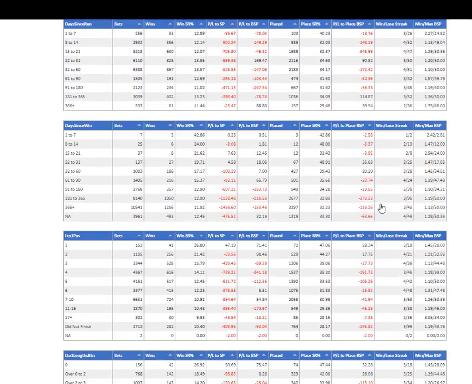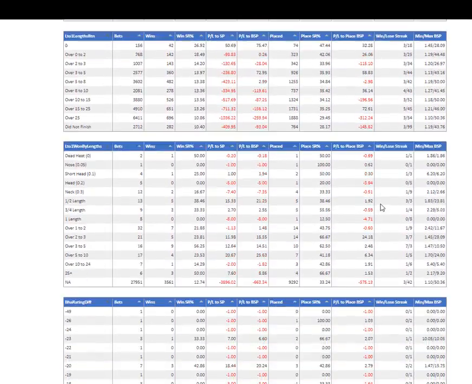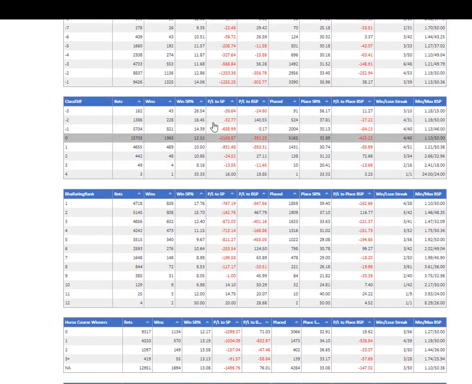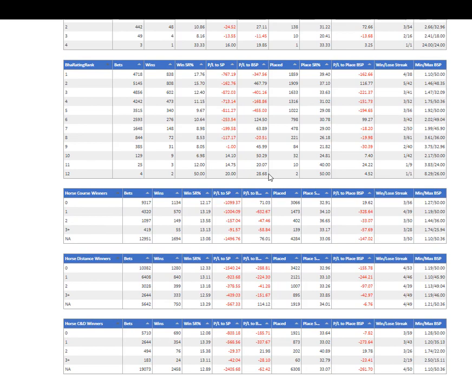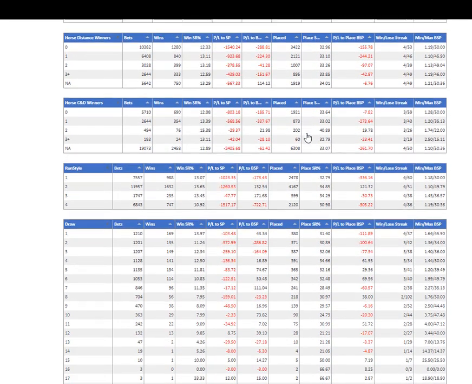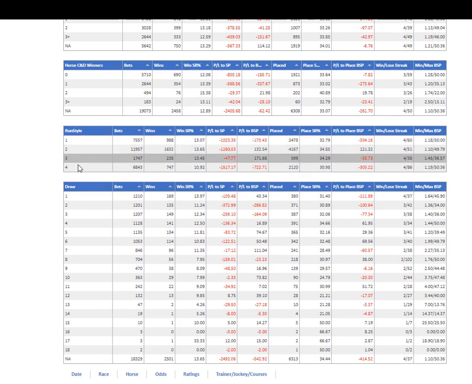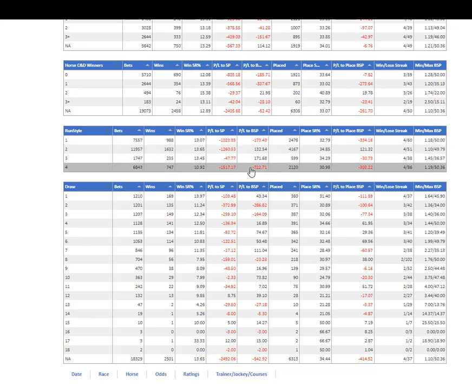We've got the basic system and we're now going to look at, there's plenty of categories you can look at and decide for yourself, and look at the profit and loss and the strike rates and see what you want to do. But I have noticed that the run style number 4 is below 1, 2 and 3 and gives us a massive loss for horses that were held up.